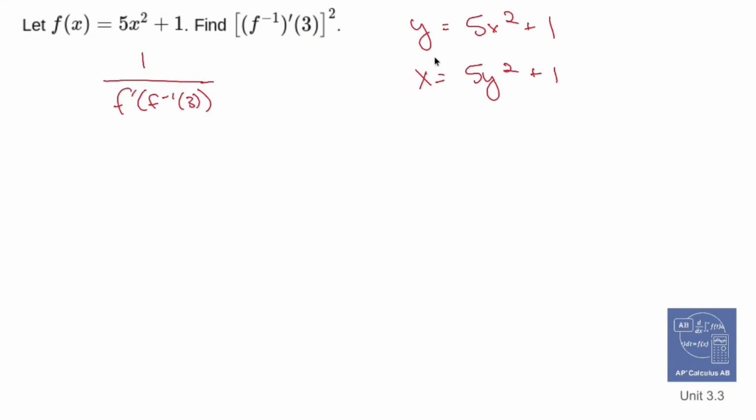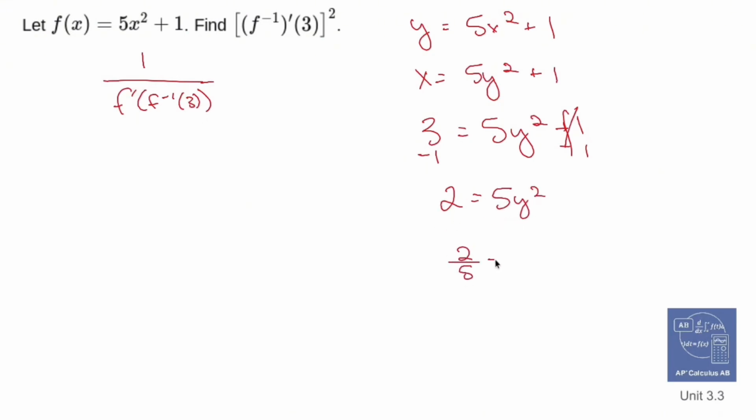Okay, I'm going to plug in 3 for x now. So 3 equals 5y squared plus 1. Subtract 1 gives you 2. 2 equals 5y squared. Divide by 5, so 2/5, and then take the square root of it. So one of my possible options, this is not pleasant at all, which is not going to matter anyway because you'll see there.